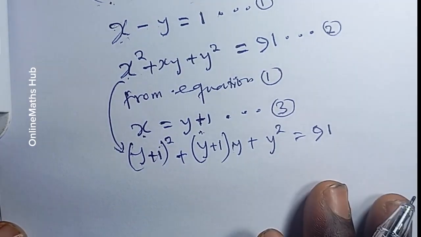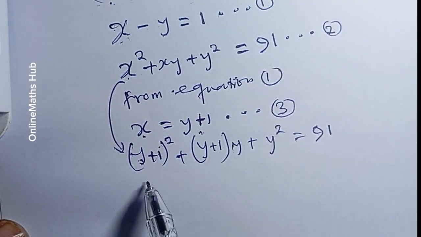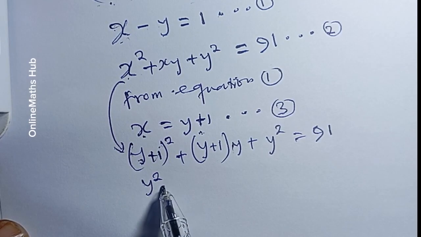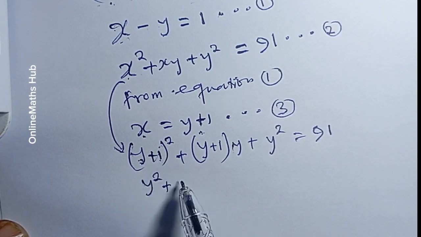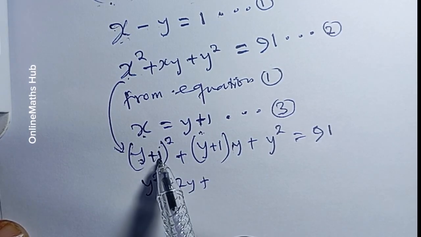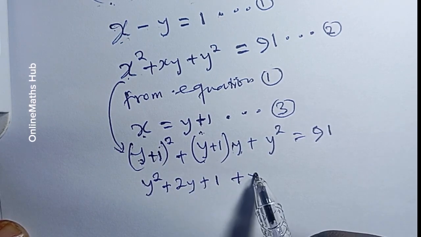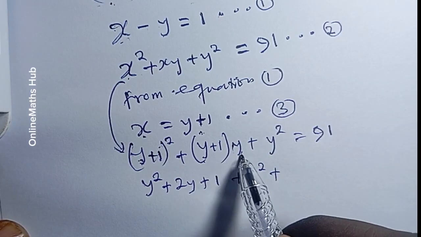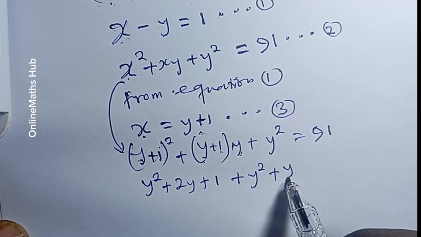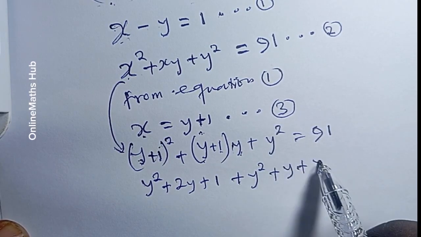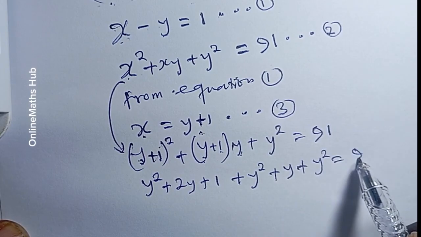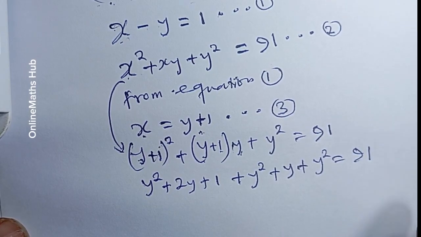So we can go ahead and multiply it. y times y is y squared, plus 2 times y times 1 is 2y, plus 1 times 1 is 1, and then plus y times y is y squared, plus y times 1 is y, then plus y squared is equal to 99.